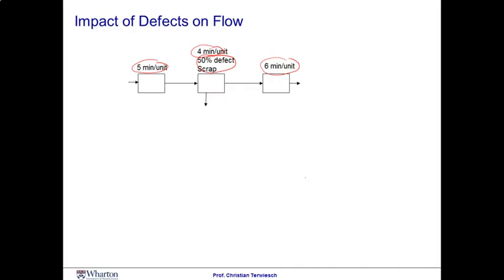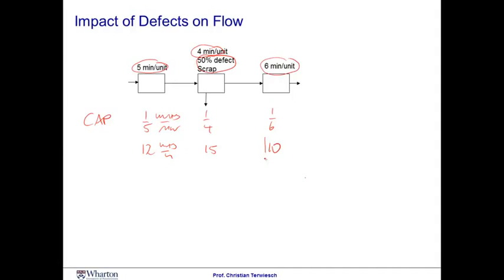Well, in the past we have done a rather naive analysis. We have looked at the capacity of the resources as simply 1 over 5 units per minute, 1 over 4 units per minute, and 1 over 6. We multiply this with 60 minutes in an hour, and we get a capacity of 12 units per hour, 15 units per hour, and 10 units per hour.